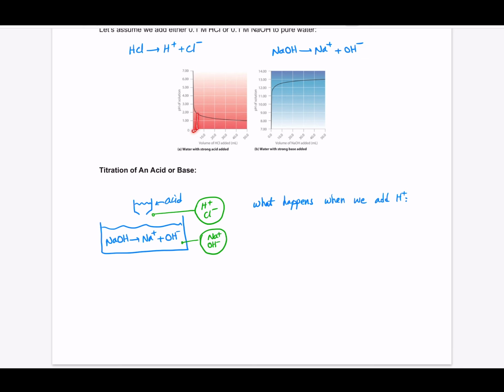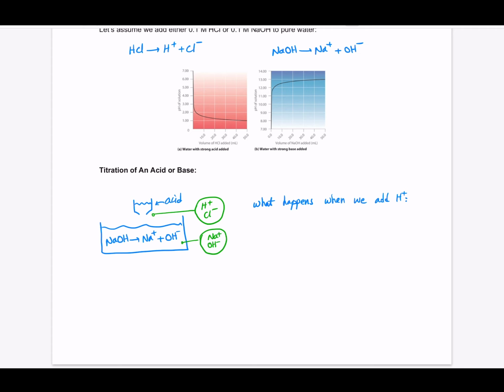Even a tiny amount was enough to bring the pH down from 7 to 2. So what changed now in terms of the sample? We have sodium now that we didn't have before, and we have hydroxide. Any of them might interact with the proton that we're adding?